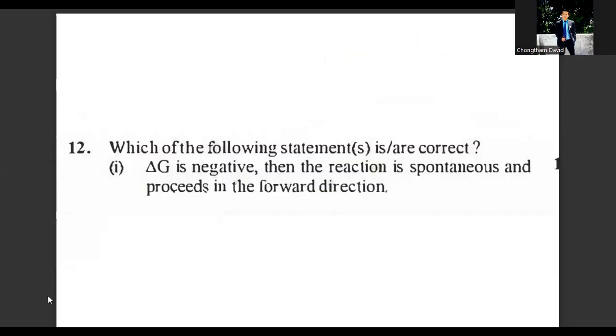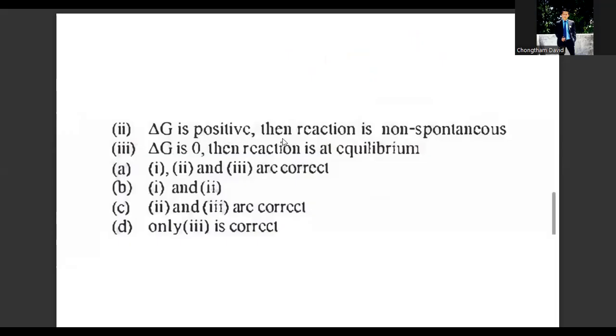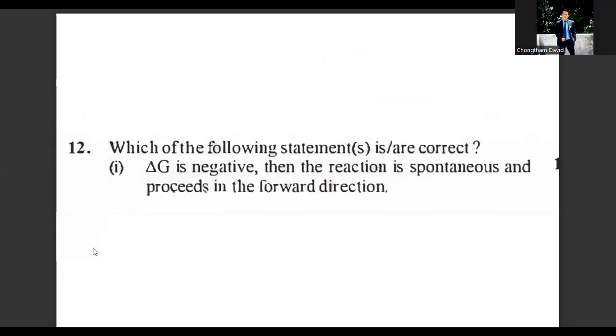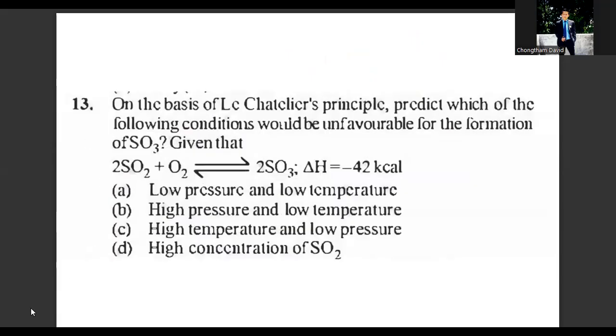Which of the following are correct? Delta G is negative, it is spontaneous. This is correct. Let us read some more options. Delta G is positive, then the reaction is non-spontaneous. This is also correct. Delta G is 0, then reaction is at equilibrium. So if 1, 2, 3 are all correct, A would be the answer for question number 12. Question number 13.